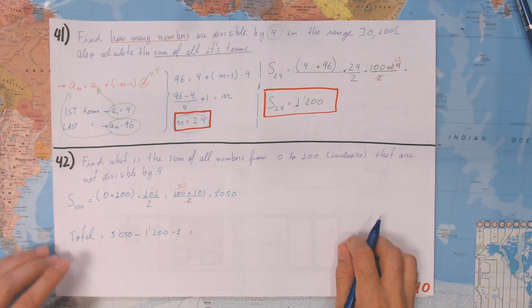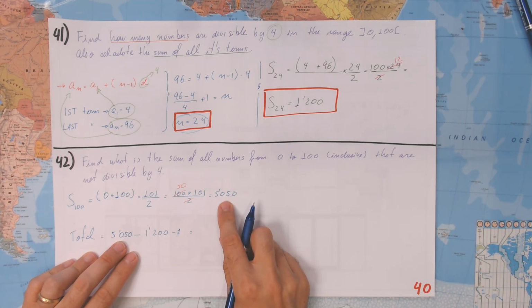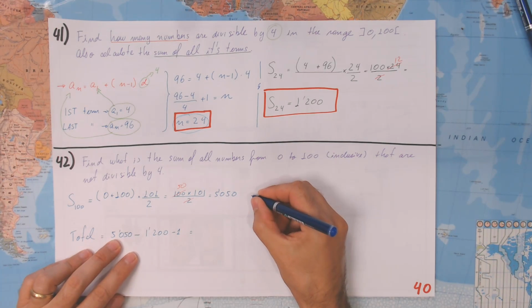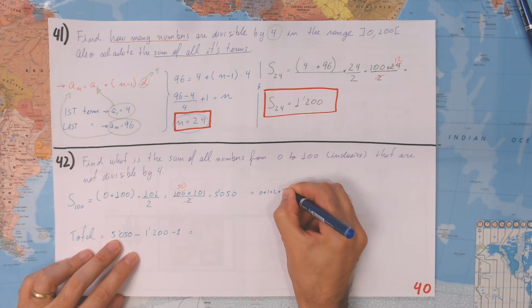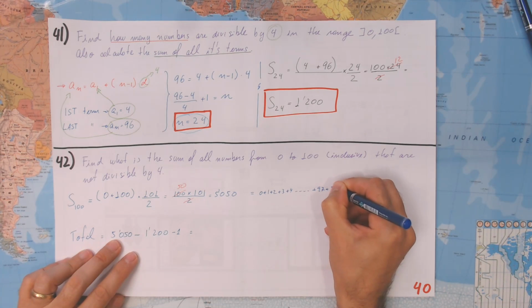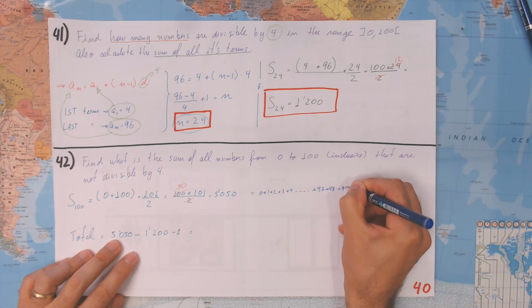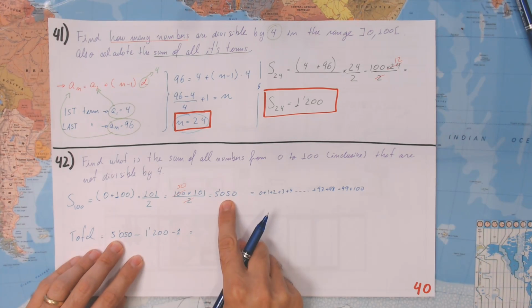Minus 1 again. Why is it 5050? Because this is when we sum everything else: 0 plus 1 plus 2 plus 3 plus 4, and so on, plus 97 plus 98 plus 99 plus 100. This is 5050.